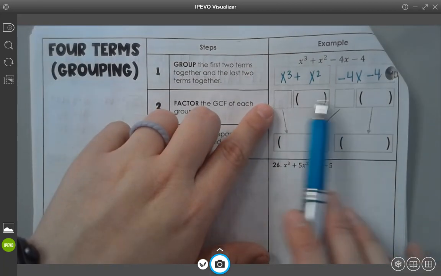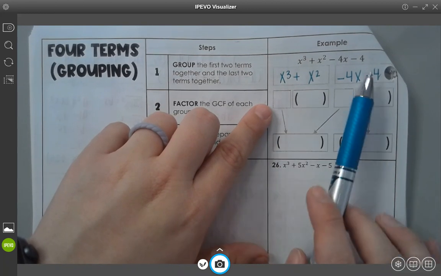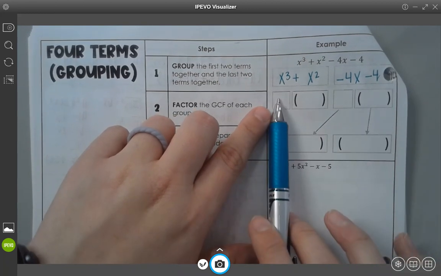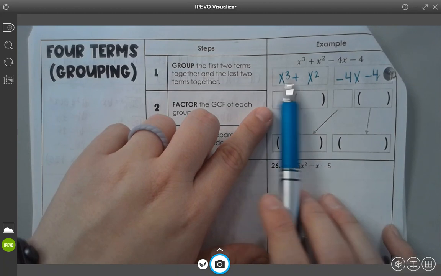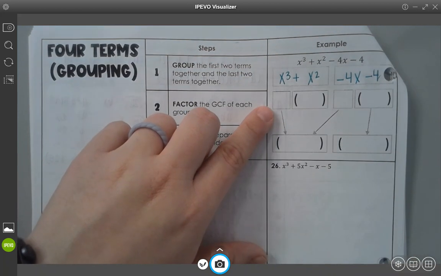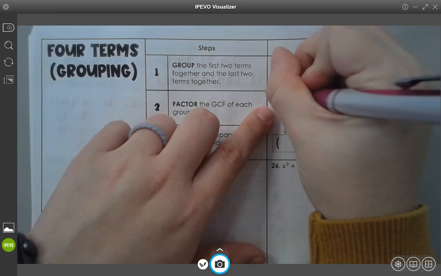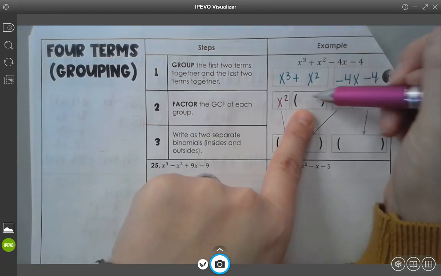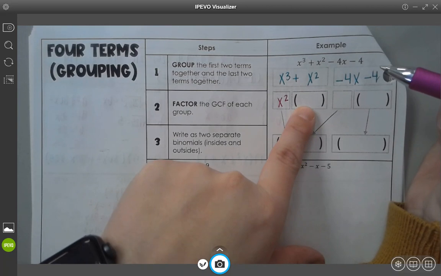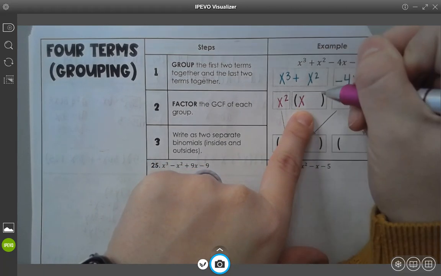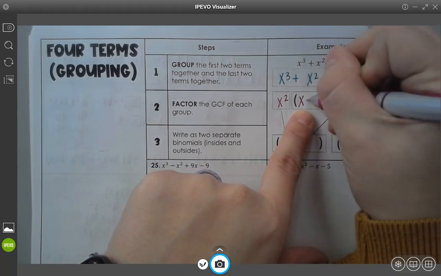And then we're going to factor out the GCF of each set. So what is the GCF of x cubed and x squared? X squared. And when I factor out an x squared, what am I left with? Plus 1.